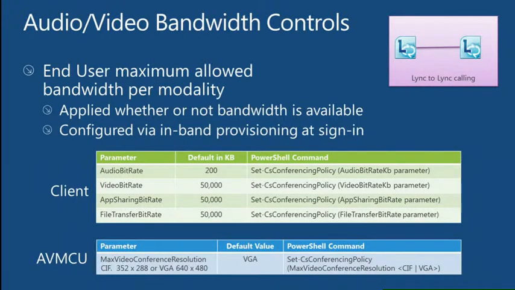If I just want to have a raw cap on what my client is doing, I can use these policies to say, I want to have an absolute maximum cap on my audio, my video, my application sharing and file transfer bitrate as well. So if you're concerned about a lot of file transfer traffic, then you have an opportunity to policy that as well. Similarly, with the MCU, with any conferencing scenarios, you can set policy to say, what is the quality of video that I want to be able to support by default in my video conferencing?